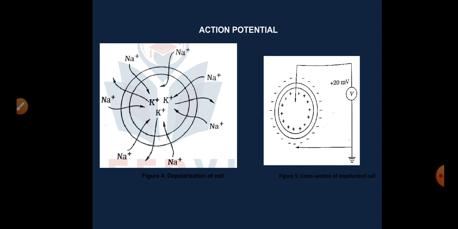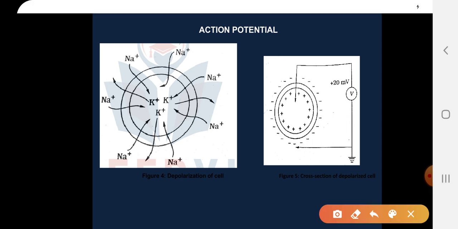So when the cell is excited and displays an action potential, it is said to be depolarized, and the process of changing from the resting state to the action potential is called depolarization, right?